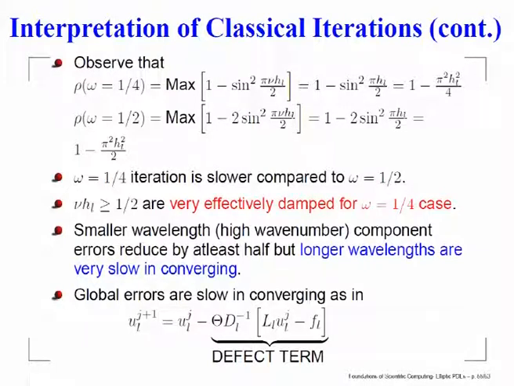So this is the crux of the second point, that for mu HL greater than or equal to half, the error is very effectively damped for the under relaxation case. Okay, so that's what brings us to the dilemma.